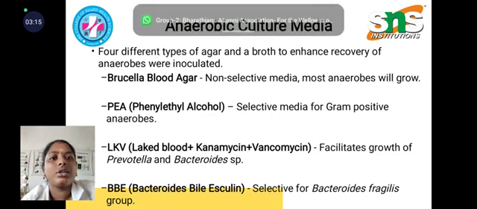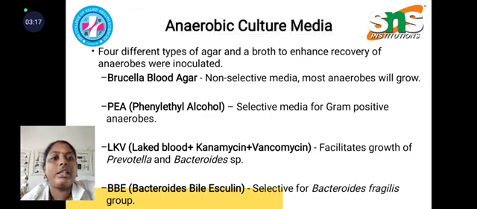One is Brucella blood agar, another is phenylethyl alcohol, another is LKV, that is laked blood with the antibiotics kanamycin and vancomycin, and BBE, which is Bacteroides bile esculin. So these four types of agars were used.